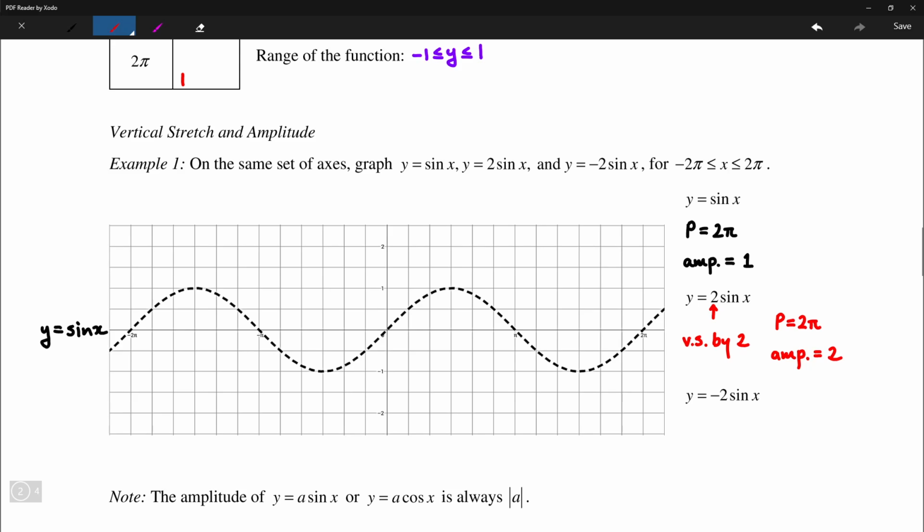So instead of y equals 1/2, for example, we'll have y equals 1. Instead of y equals 1, we'll have y equals 2. And that applies to all of the points on the function. So if we were to draw a single period, this will be y equals 2 sine x.